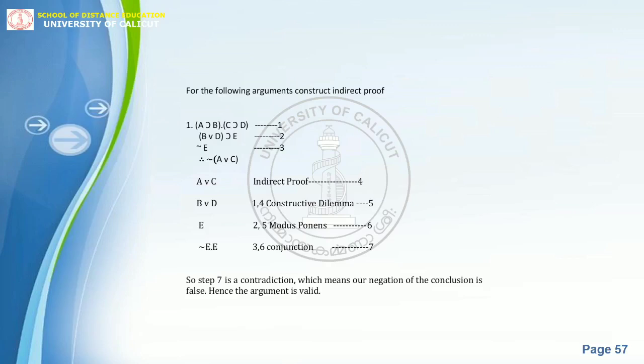So again there is a rule which can be applied, that is 3 and 6 can be conjuncted. Hence I get negation E conjunction E, which means it is a contradiction, and it is numbered as 7. So hence we can find that the argument is valid.